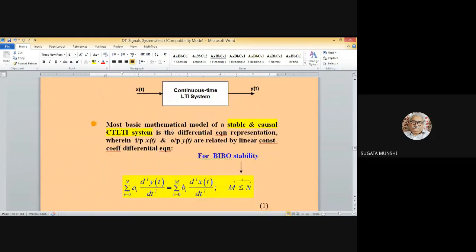So this equation 1 is the differential equation relating the output yt to the input xt.